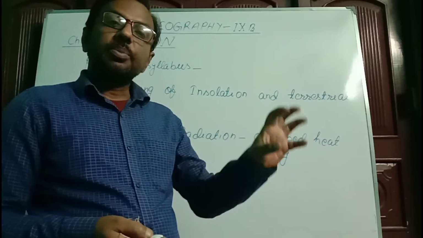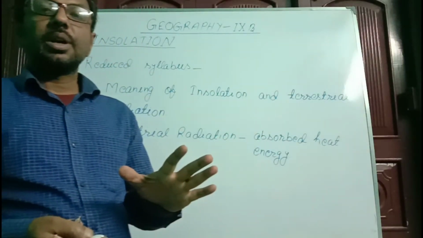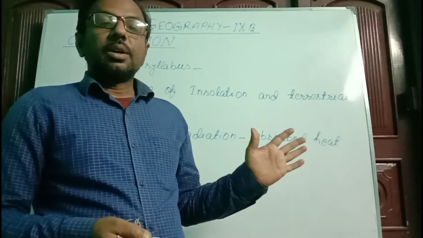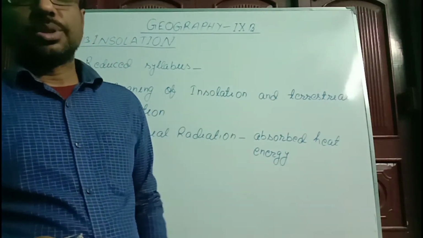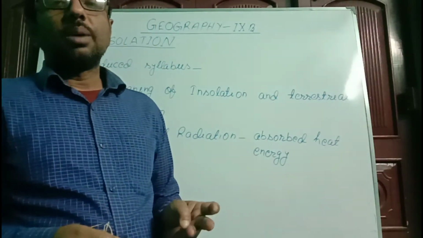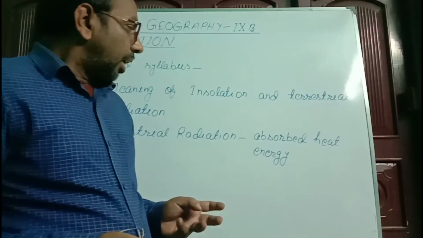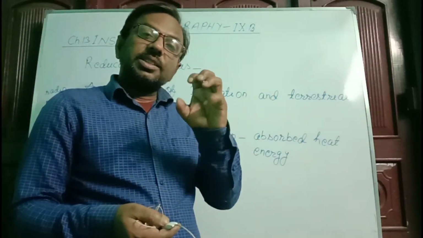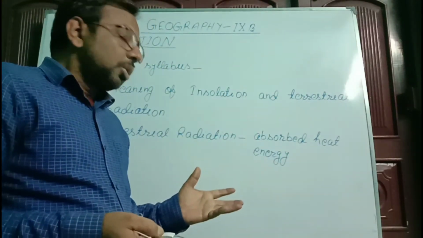Out of that, 51% is absorbed by the Earth's surface, and 49% is reflected back by the atmosphere through scattering, through absorption and through reflection. As you know, 51% of solar radiation is absorbed by the Earth's surface and the remaining is sent back.